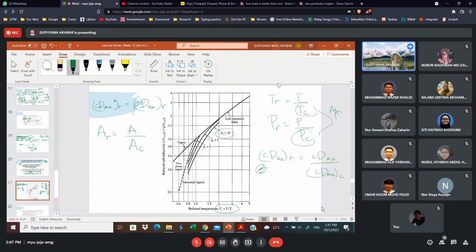So A can be anything: temperature, pressure, self-diffusivity. Here don't get confused. What is the difference between C and density? It's similar. Density means in unit mass, so it uses mass. C uses molar. What about AA? AA means your system is a single system, component A only.